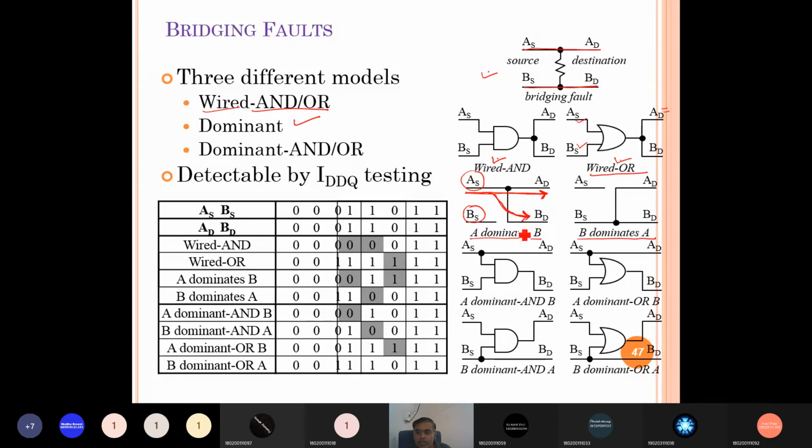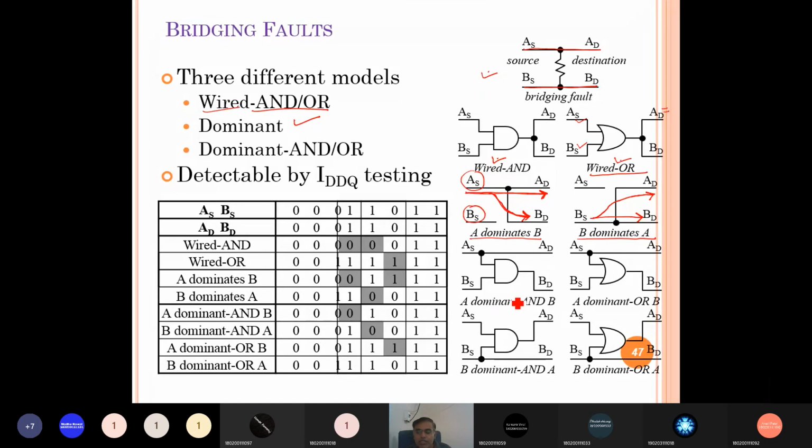So it is called A dominant B. And B dominant A: suppose the strength of the signal on line B is higher than A, then it is dominant on A, and both output lines get the BS logic. So it is called B dominant A.